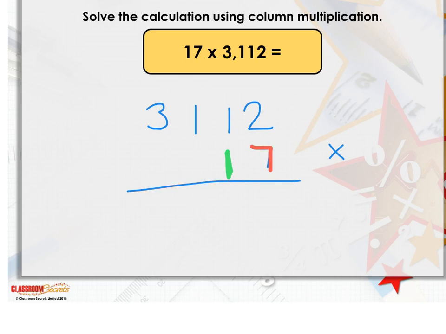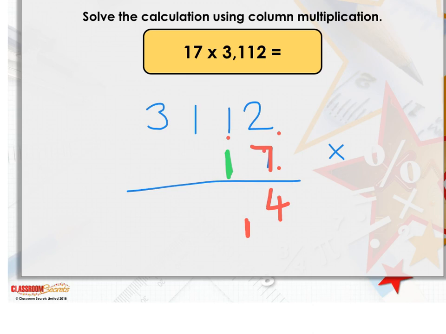So let's do, first of all, we're going to do 7 times 2, which we all know that is, we've got 7 ones times 2 ones equals 14 ones. So you're going to put your 4 ones there. And you've got 10 in 14. So you need to put your 10 in the tens column just down here for now, because we've not multiplied our tens digit up here yet.